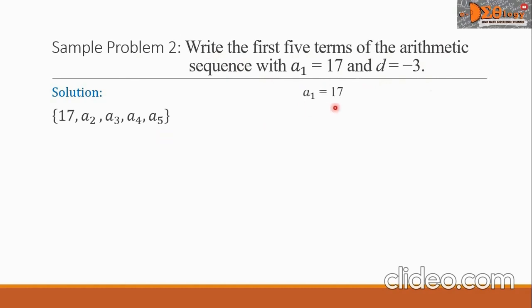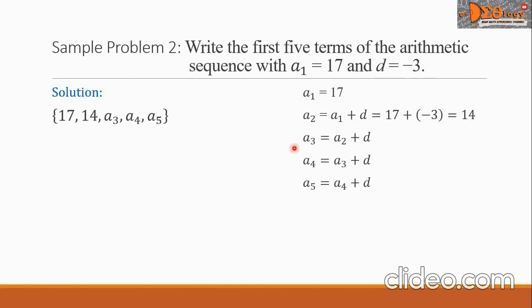The first term is already given as 17, so we will substitute this value in our sequence. For a sub 2, that is equal to the first term plus the common difference d, and that is 17 plus negative 3, which is equal to 14. And this value we will substitute to a sub 2 in the sequence.